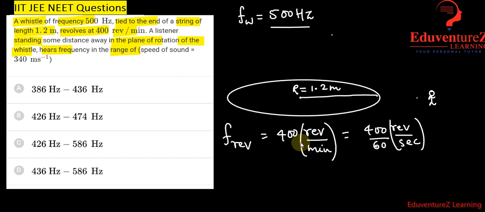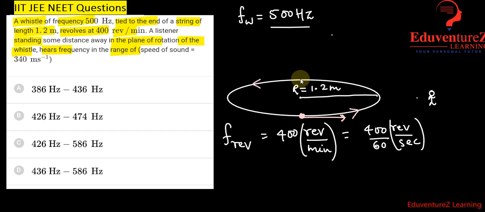Now the listener is standing at some distance and hears the frequency. So what is the range? If we concentrate on the circle, we observe that if the whistle is at this point and we are taking the motion in anti-clockwise direction, then the whistle is going in this direction, meaning the sound produced by the whistle is going in this direction.